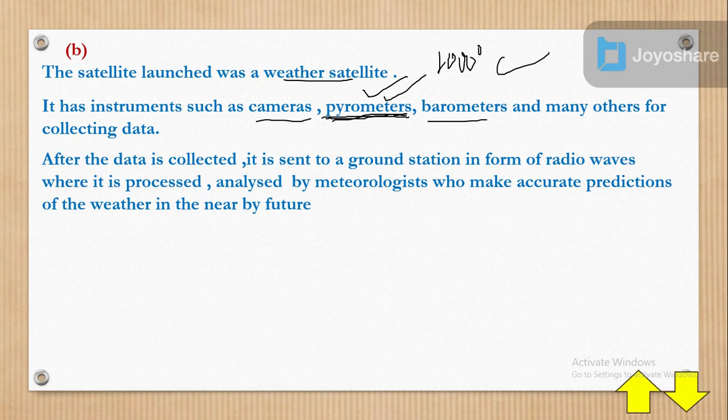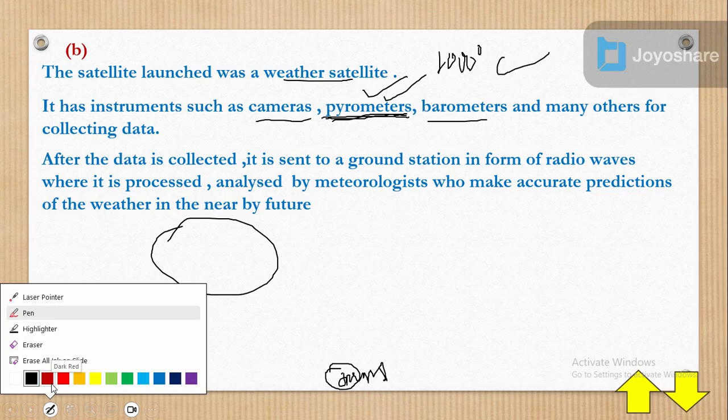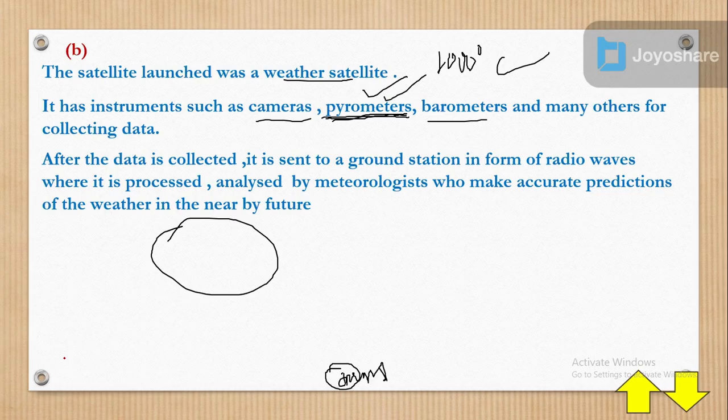So if this is our Earth, this is the ground, and imagine this is our space, and in that space we put our satellite. Our satellite is there in space.